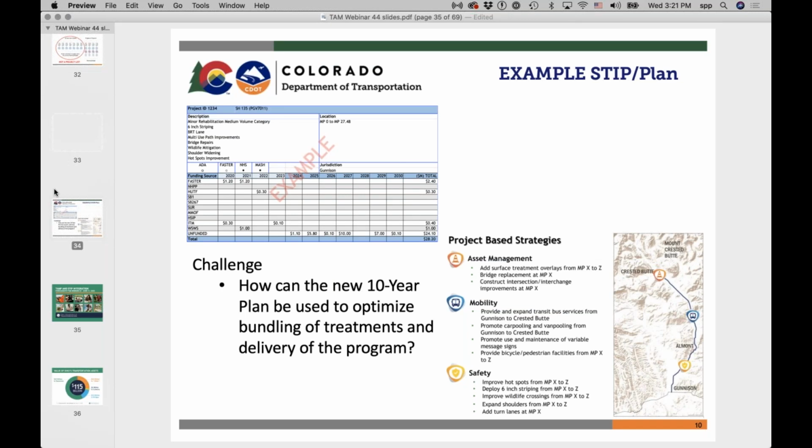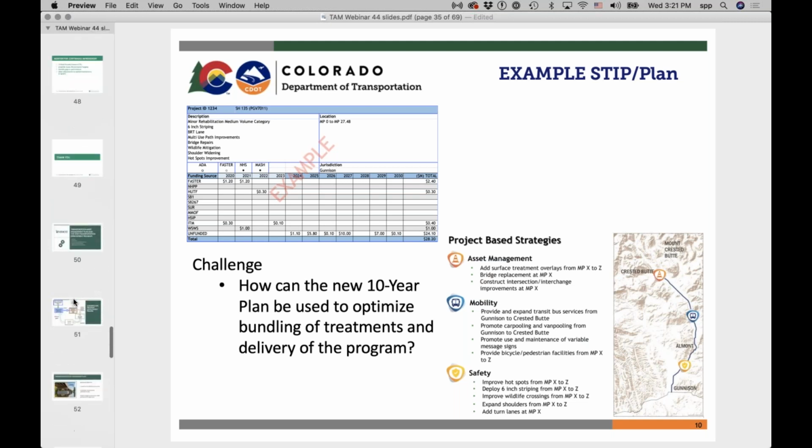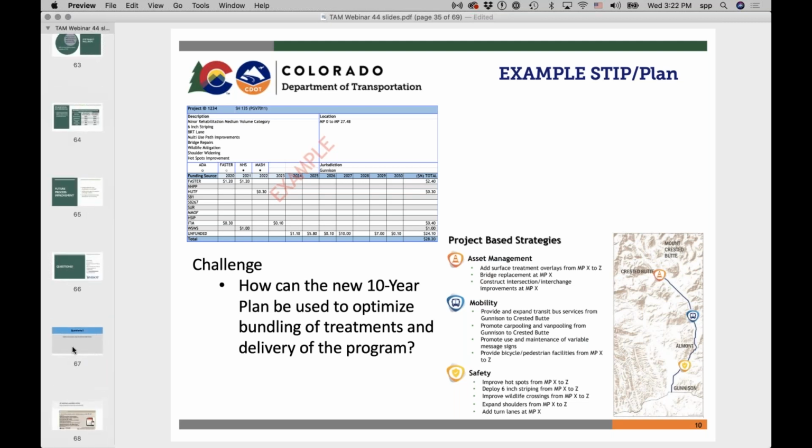They work with region staff, and it's really the regions who bring in different components of treatments and say, here is my delivery mechanism. That delivery mechanism is the project. So that's inherent within the process for Colorado, that needs to occur for a project to actually get scoped and STIPed and in the future delivered.